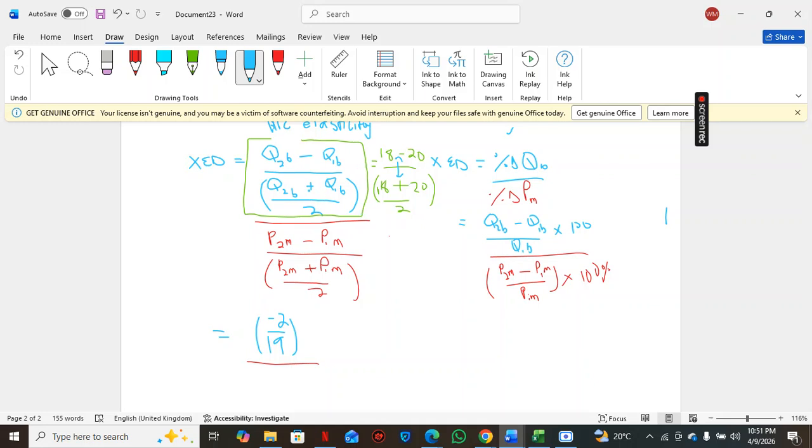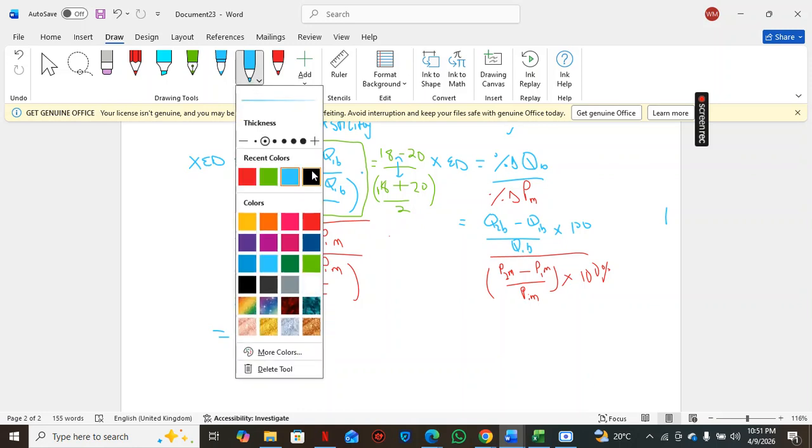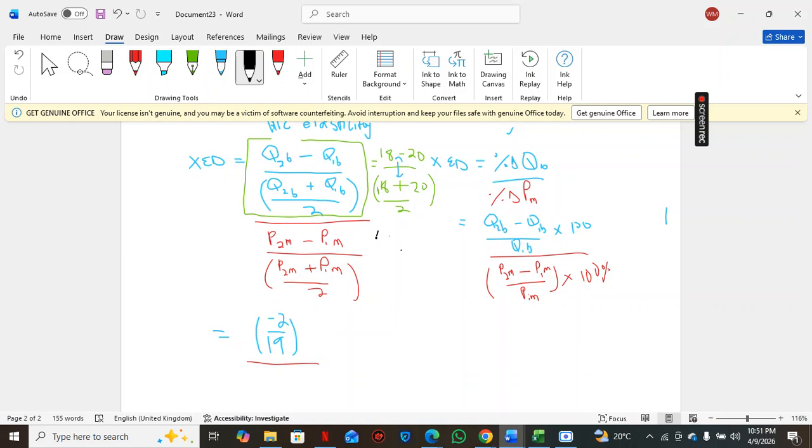I haven't finished solving the numerator, but I've simplified it to negative 2 over 19. Here on the denominator, P2 of meat is 100, the new price of meat, minus the old price of meat, 80, over 100 plus 80 divided by 2.